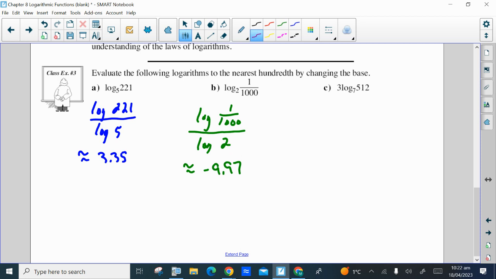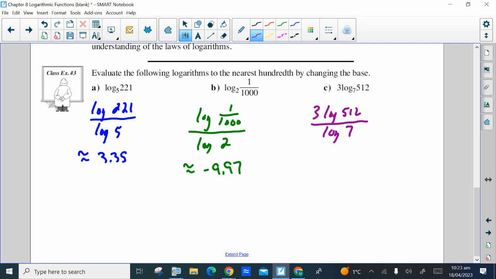Okay, now for question C, to use the change of base identity, it'll be 3 times the log of 512 all over the log of 7. Because 3 is the same as 3 over 1. You're not multiplying both top and bottom by 3, because if you did that, the 3's would cancel. So it's just 3 over 1, which is why the 3 is multiplied by the log of 512.